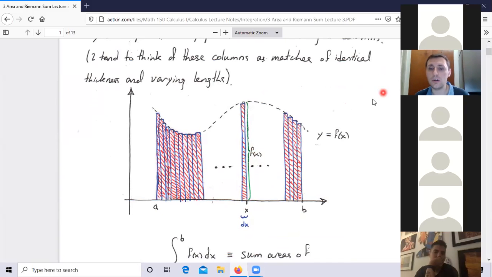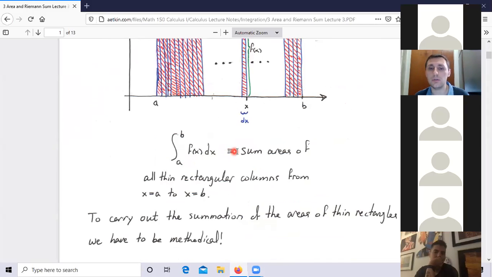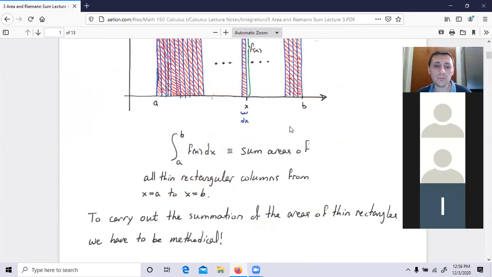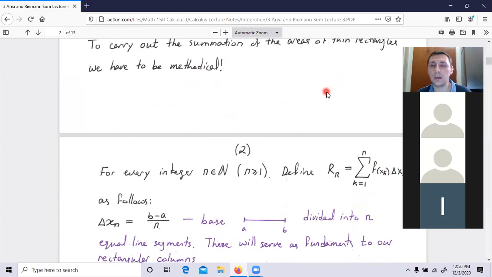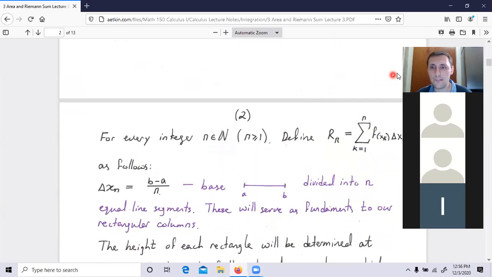Okay, and so this integral says sum the areas of all thin rectangular columns from x equal to a to x equal to b. So we have to be methodical to carry out this process. Okay, so let's try to understand how this process is carried out.